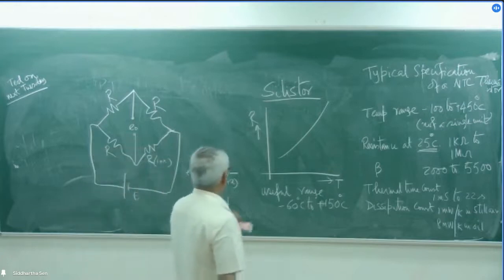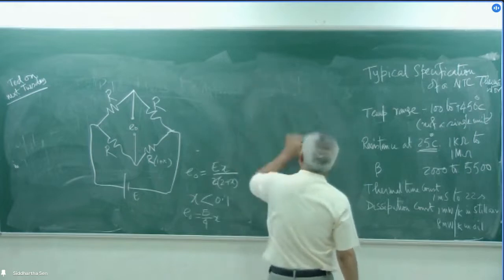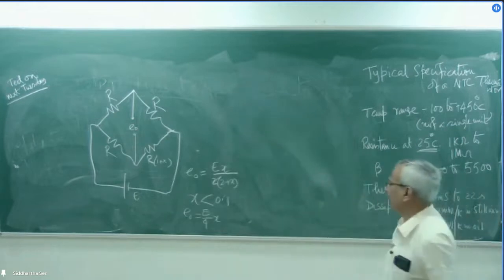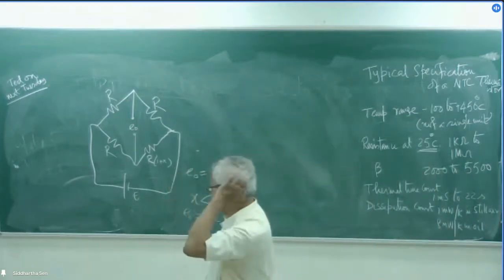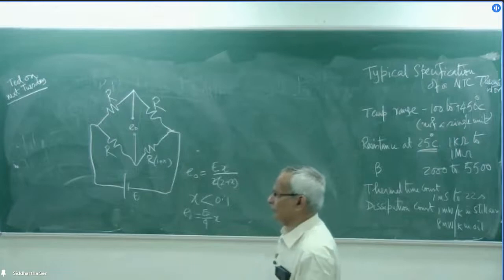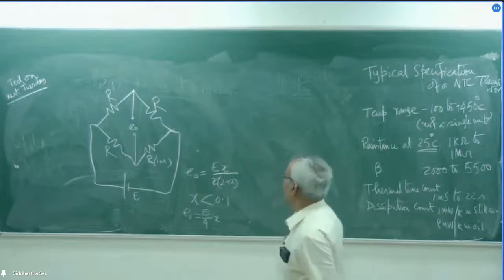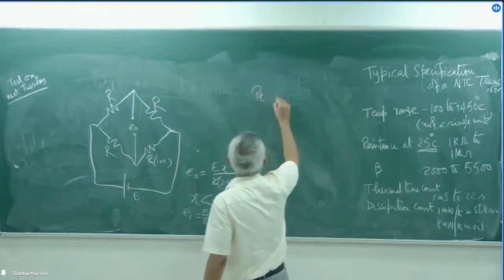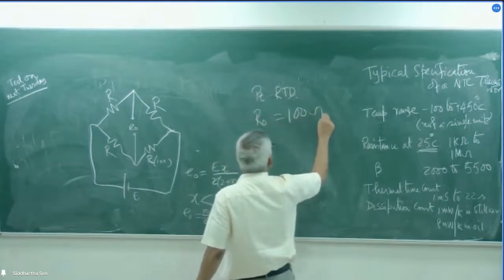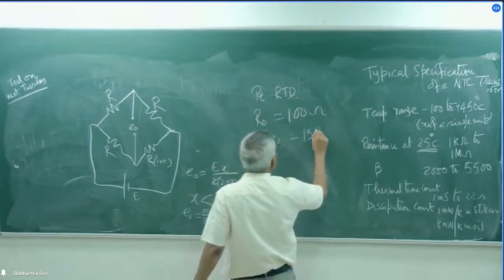But if it is not less than 0.1, that means the X value is much more than this. Normally, in the strain gauge bridge and the like, X is very small. But it is not the case for RTD, because for the platinum RTD, as I have already told, if R at 0 is equal to 100 ohm, R at 100 degrees Celsius is equal to 139 ohm.